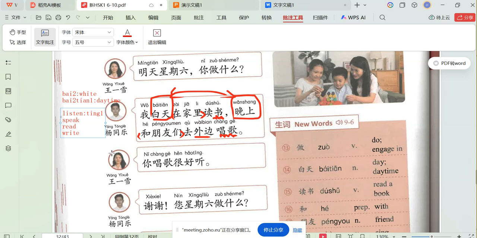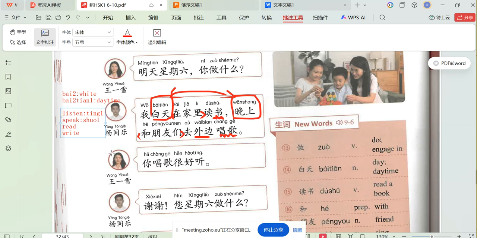Everyone, let's do the same action. Use your hand to show me your ear, and this action is to listen. 听. And to speak, this time we use our finger to point to our mouth and say 说.